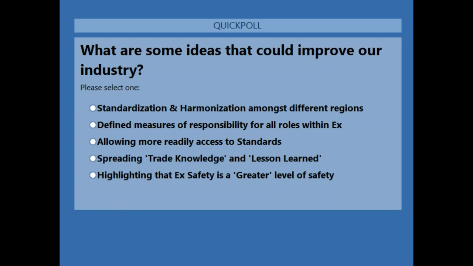Another one is highlighting that EX safety is actually a greater level of safety. I'm sure all of you have run into safety people that always talk about wear your gloves, follow procedures, but still perhaps walk around with a cell phone on the project. Or perhaps people don't have the correct anti-static clothing within a facility.